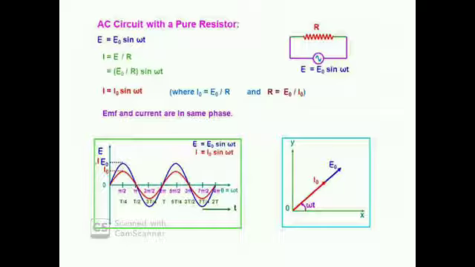From this equation, I = E by R, that is equal to E0 sin omega t by R, that is equal to I0 sin omega t, where I0 is E0 by R, that is the amplitude of the current. From the equations, applied EMF is E = E0 sin omega t, and current through the resistance is I = I0 sin omega t.